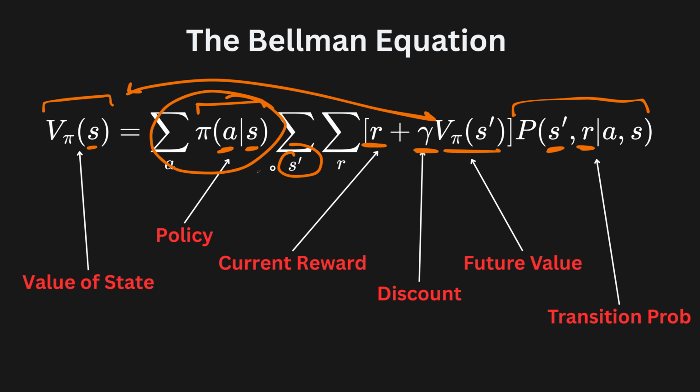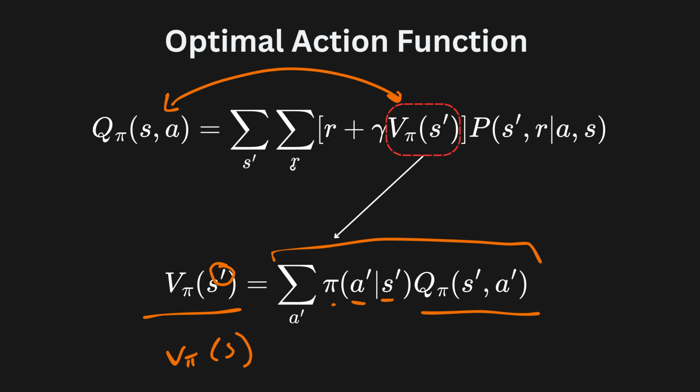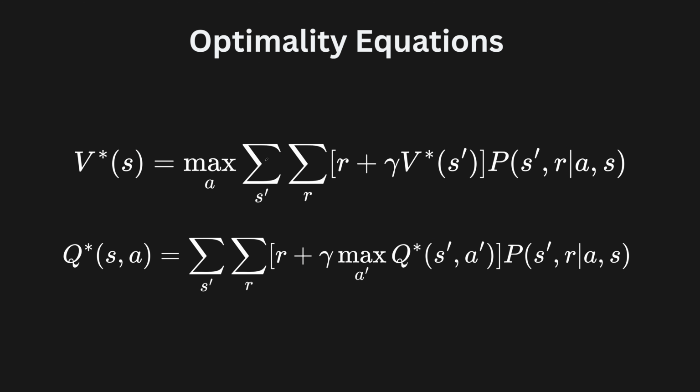So if we can do a little bit of work and get rid of the dependency on having our policy in here, by defining our optimality equations like this, notice there's no policy in here at all. For the values, it's a max over A. For the Q values, it's the max over A star. Then we can now solve this without really worrying about the policy directly. We're going to iteratively solve for it. And that's the key idea.